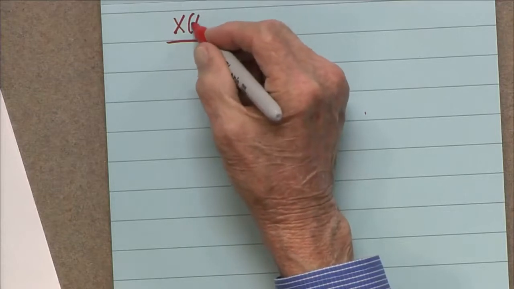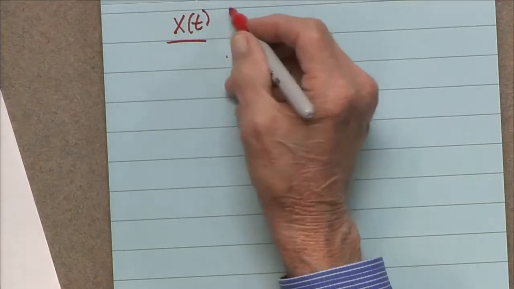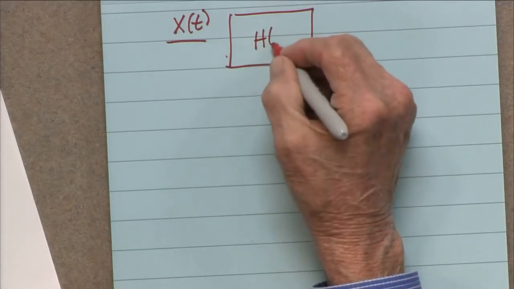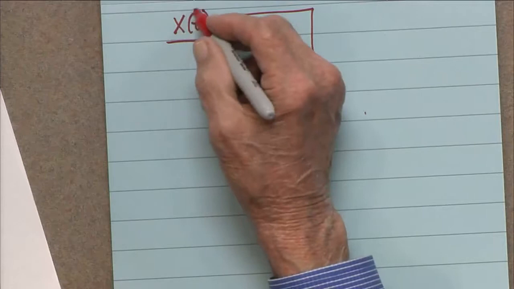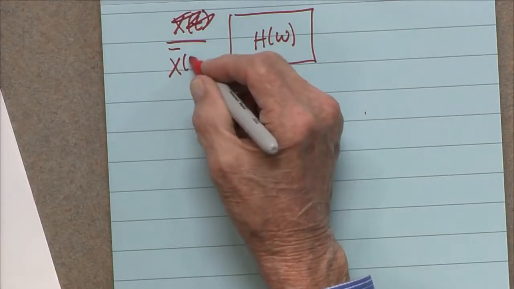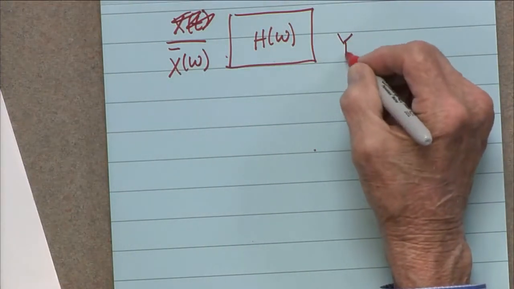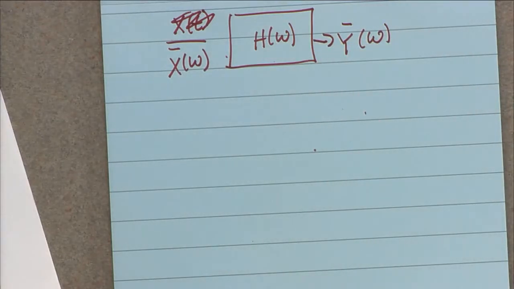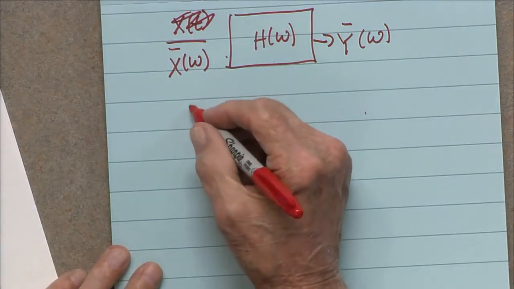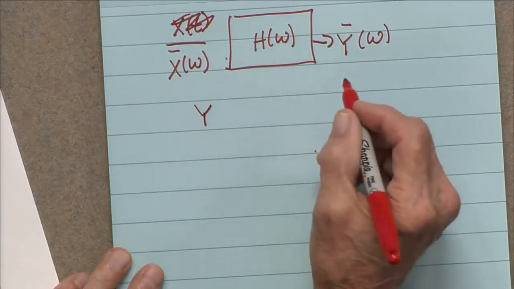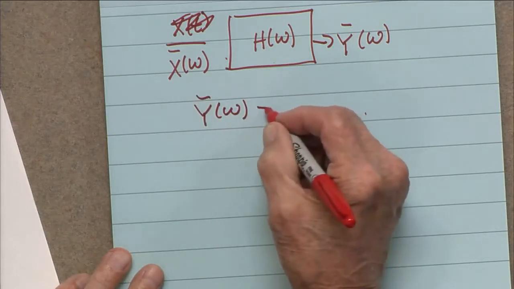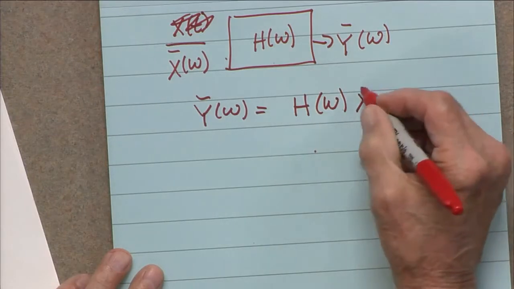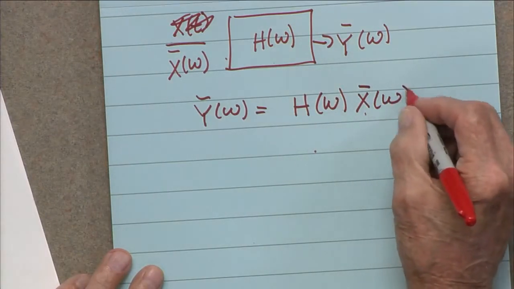X of t, H of omega, X of omega, Y of omega. The output Y of omega is H of omega times X bar of omega.